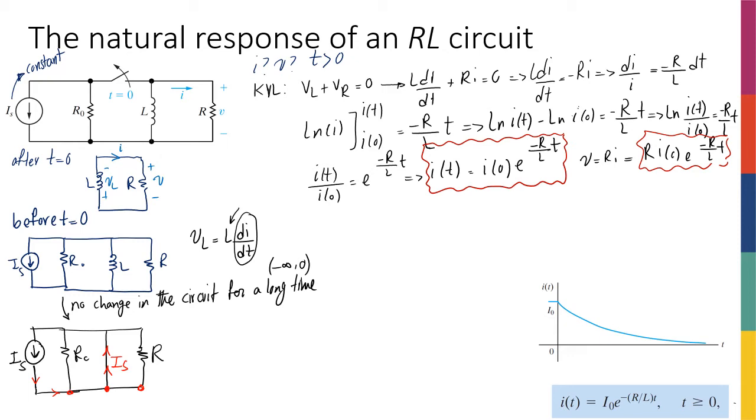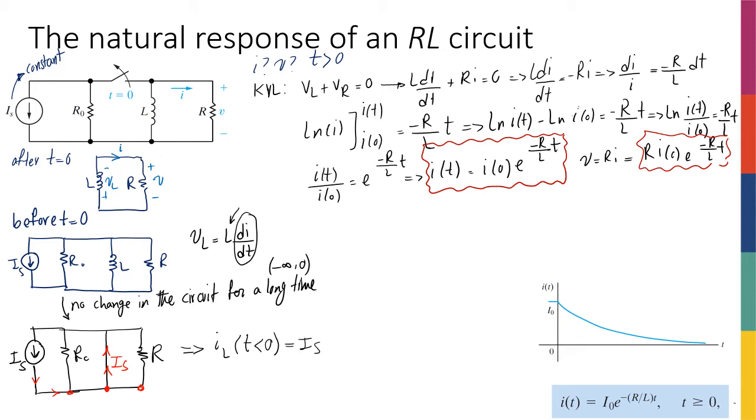So this tells me that IL, the current of my inductor for t less than 0, is going to be equal to IS. Great. Okay, so why did I care about the current of the inductor?